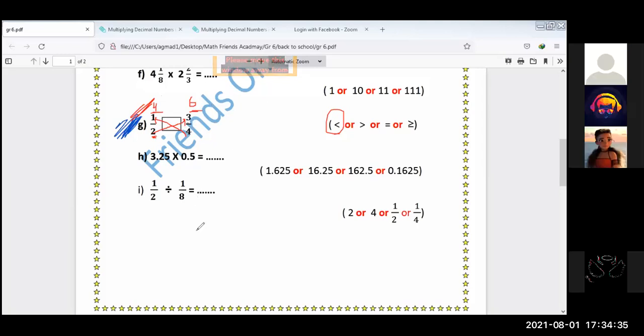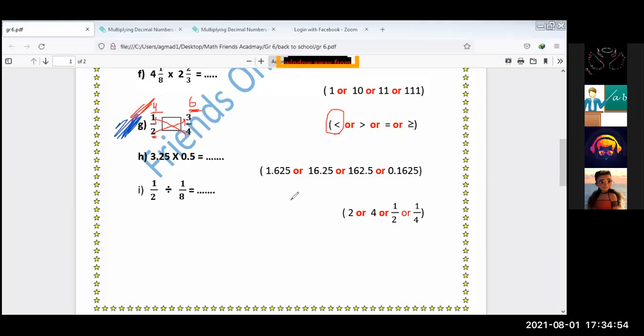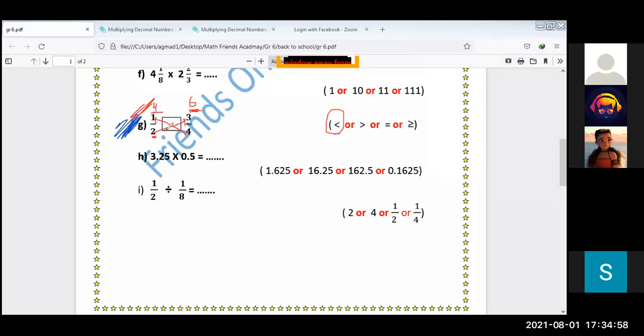Teacher, this method is called cross multiplication, yes? This is a difficult way. Okay, we have 3 ways. This method is cross multiplication, and this is the easiest way.